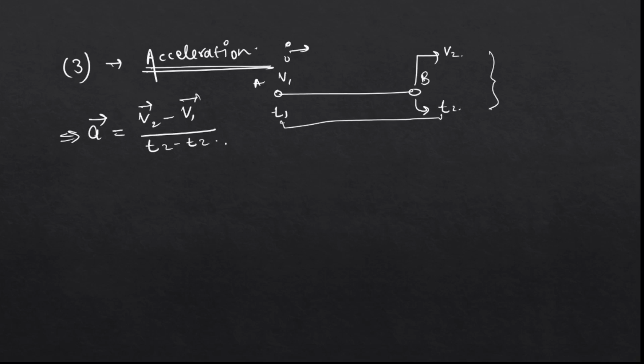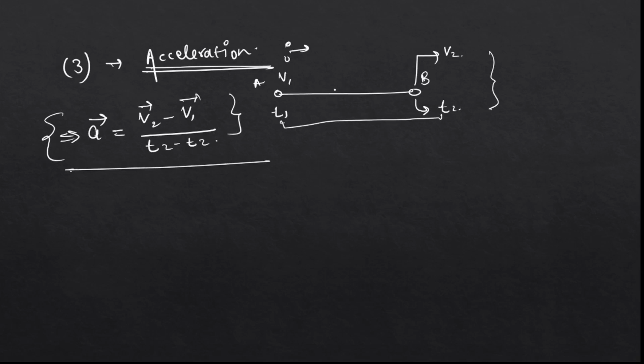Like velocity, it also has the average and instantaneous part. So if I am considering the net change in velocity at its final position and at its initial position, that would be its average acceleration.